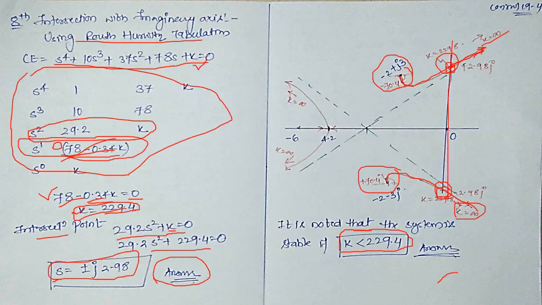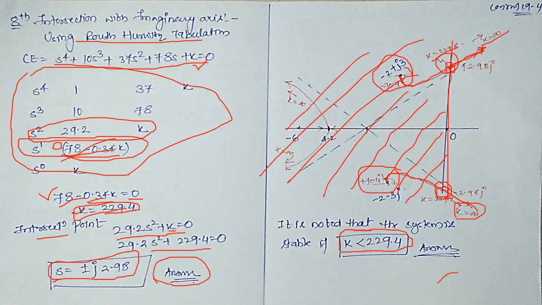When the k value is below 229, all the root locus shows that everything is in the left hand side of the S plane with respect to the origin. As long as you are in the left hand side, you are in a stable condition. Once you move to the right side of the S plane, then you will move to the unstable system. That means for k less than 229, the system is always stable.